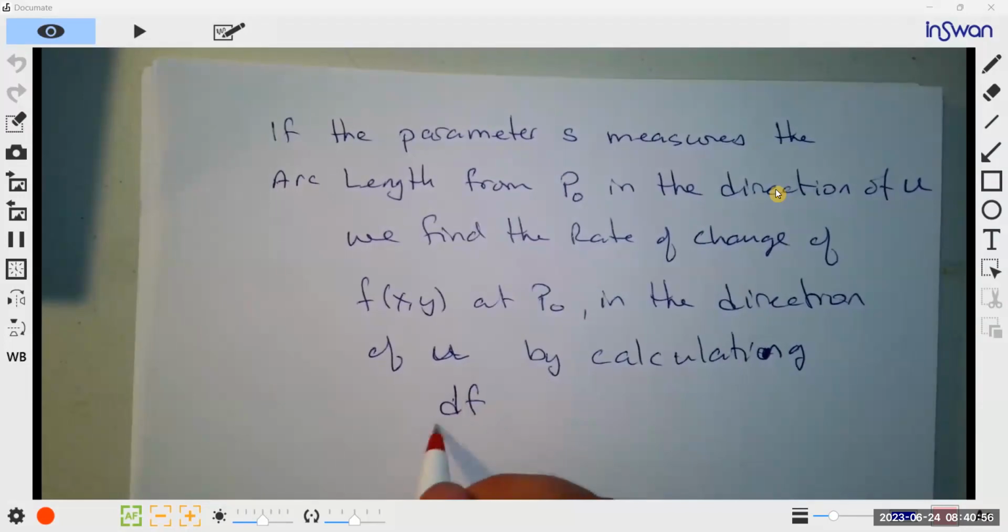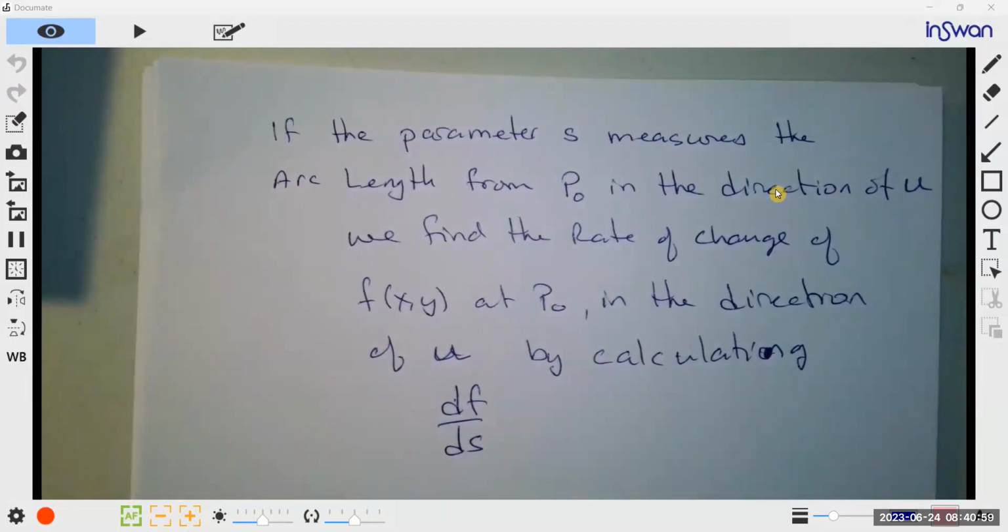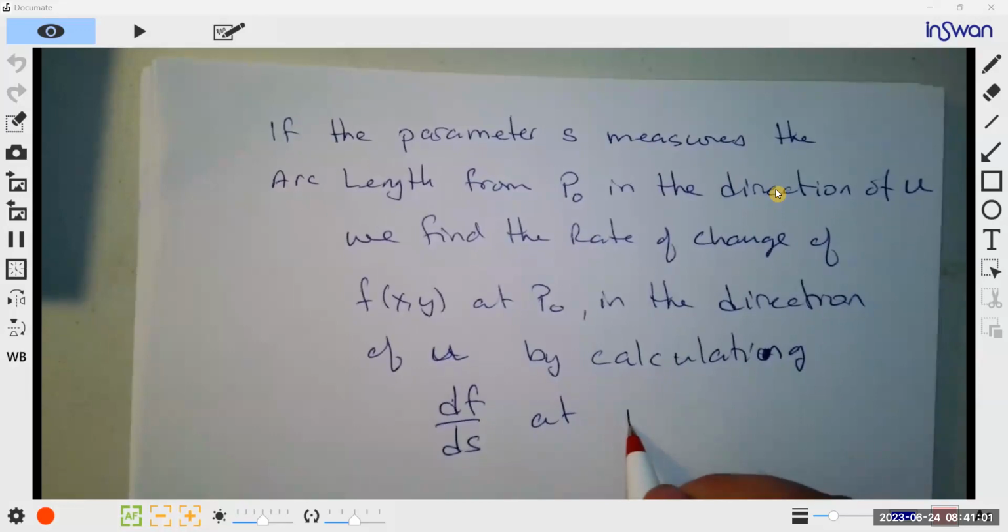The derivative of f with respect to s at that point, p sub 0.